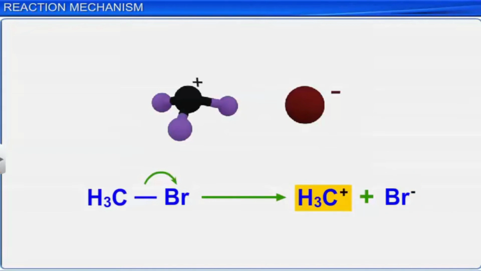A positively charged carbon with a sextet, which is the methyl cation here, is called a carbocation or a carbonium ion. Carbocations are very reactive as they have a strong tendency to complete their octet.